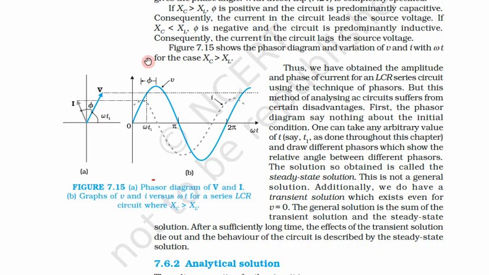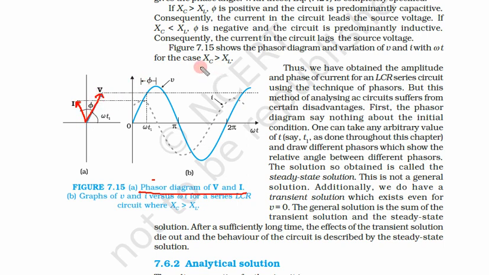Now let us understand this diagram. What is happening in this diagram? This is a phasor diagram. Here this is a single phasor diagram for all the components, a phasor diagram of V and I. So this is a single current and this is a single voltage.